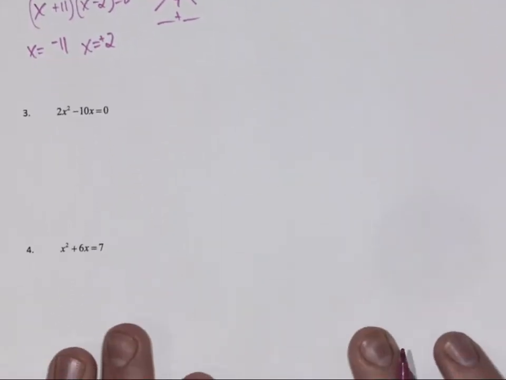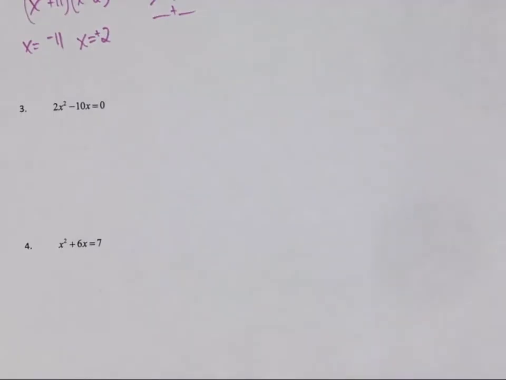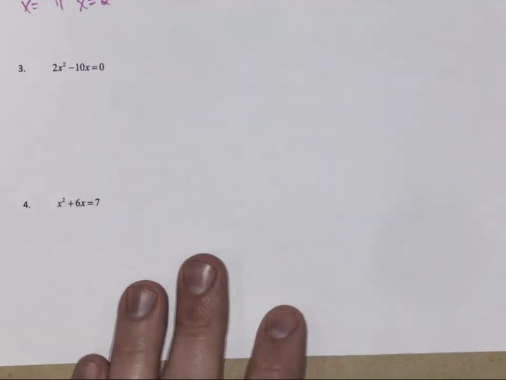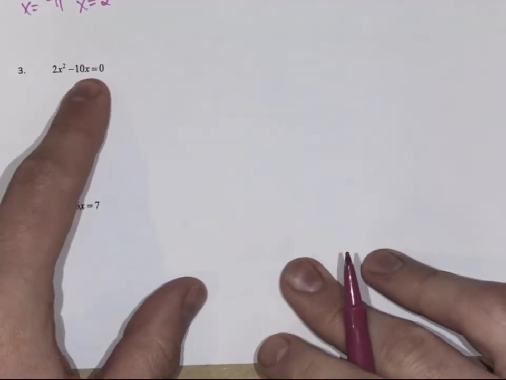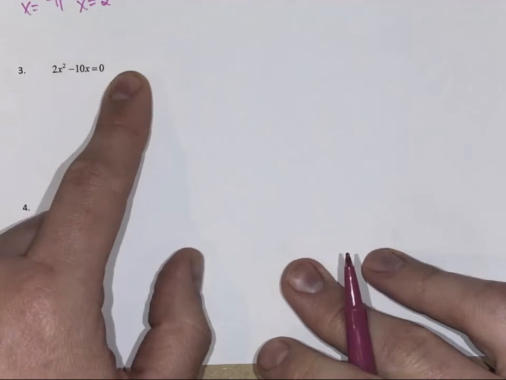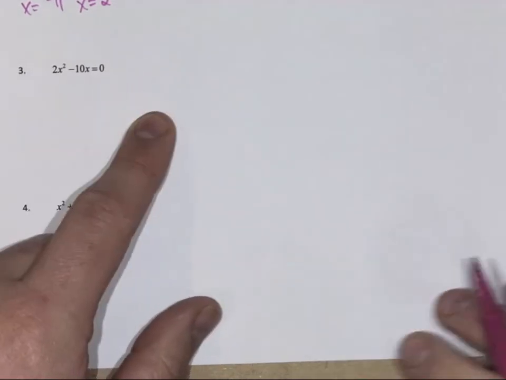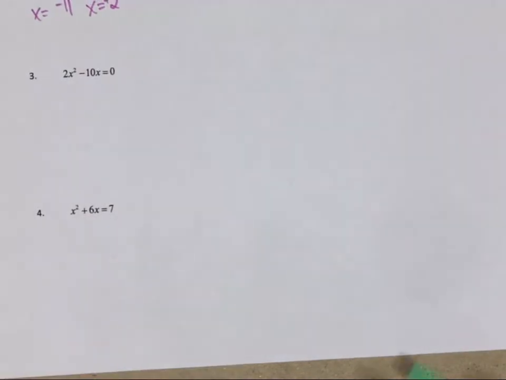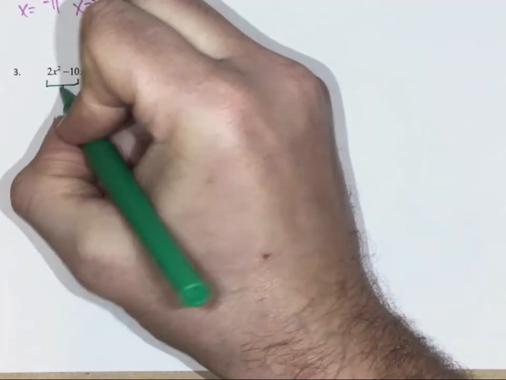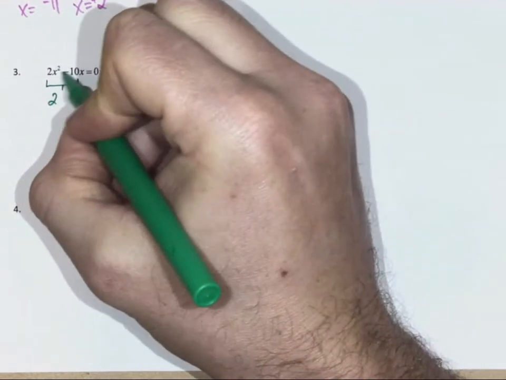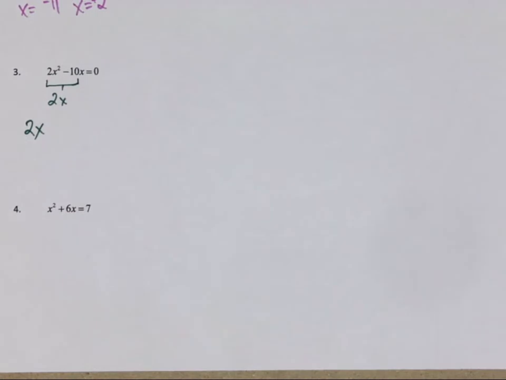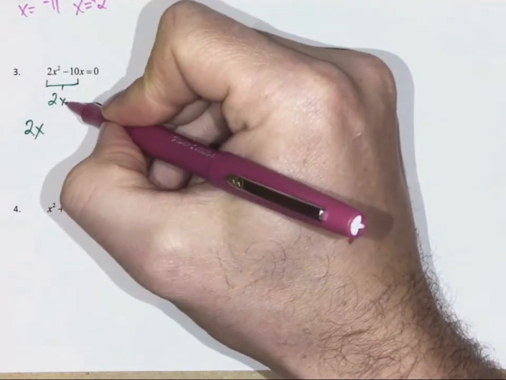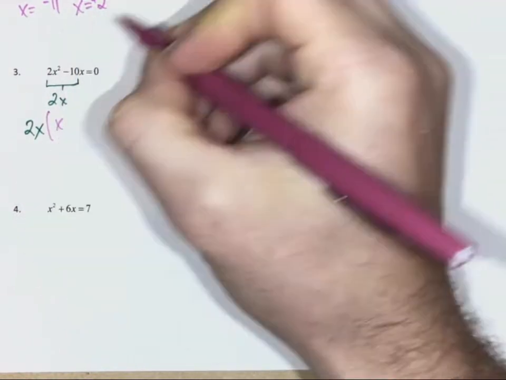If I look at two more examples, I see there's an a term, a b term, no c term. The first step I look at: is there a common factor? Is there something I can pull out from both of those? Both are multiples of 2, and they both have at least one x. So that common factor gets put in front. 2x squared divided by 2x gives me x.